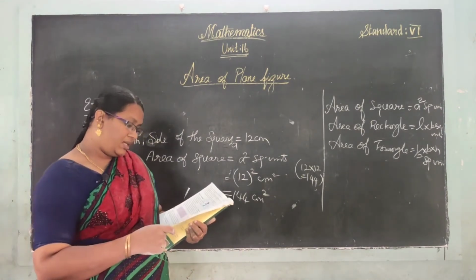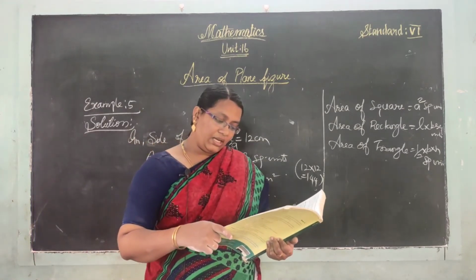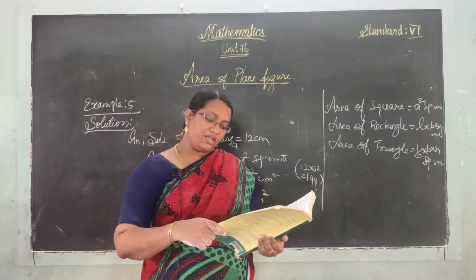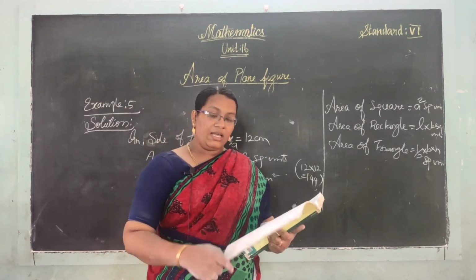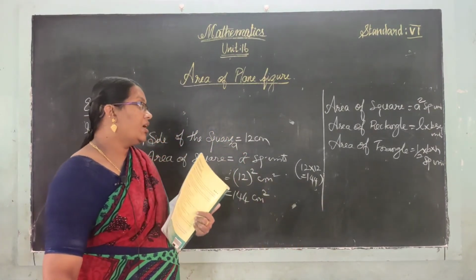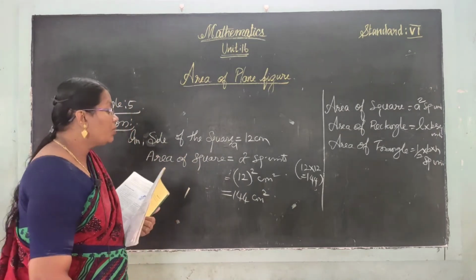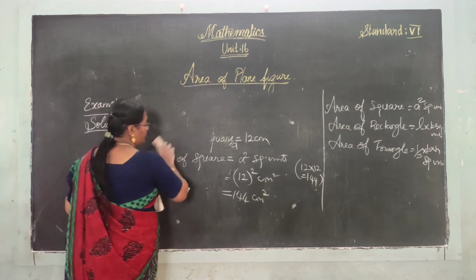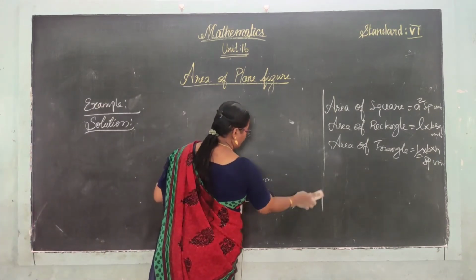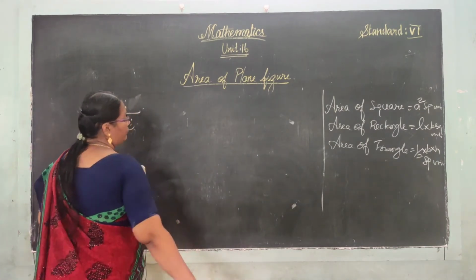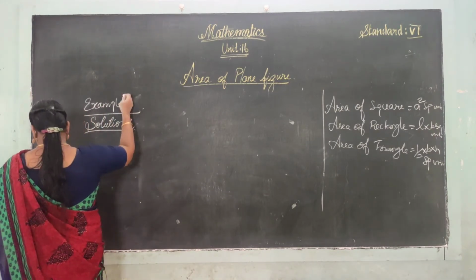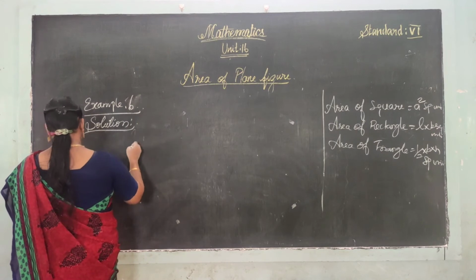See example 6. Find the area of the rectangle whose length is 11.5 centimeter and breadth is 4.5 centimeter. Find the area. So what is the formula for area of the rectangle? L into B square unit. Example 6.